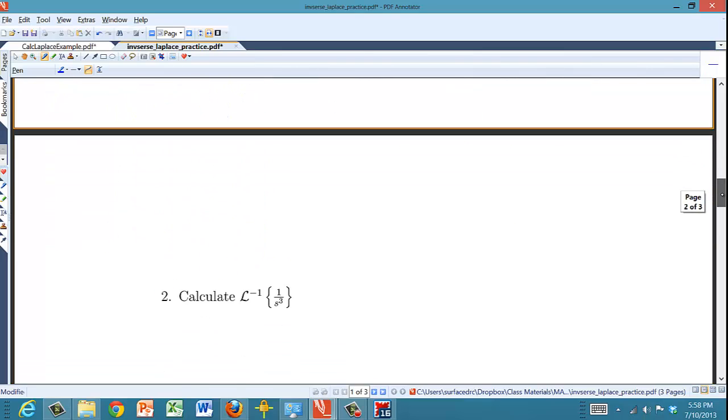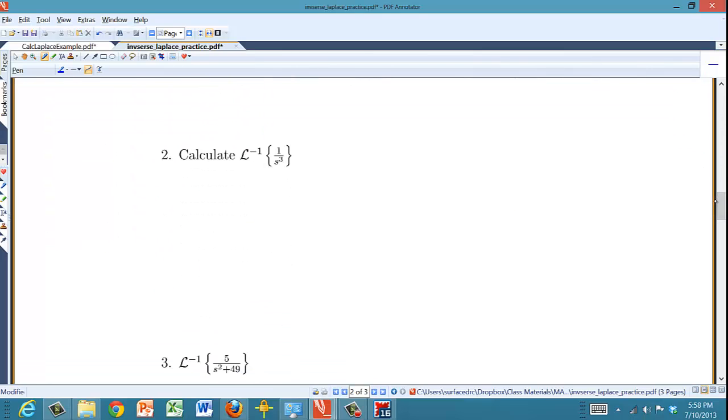Okay, let's try another one. I want to calculate the inverse Laplace transform of 1 over s cubed. And if you look in your table, you won't find anything immediately that Laplace transforms to be 1 over s cubed. But if you look carefully, you'll find that the Laplace transform of t squared is 2 over s cubed. Okay? 2 over s cubed, not 2 over s squared.